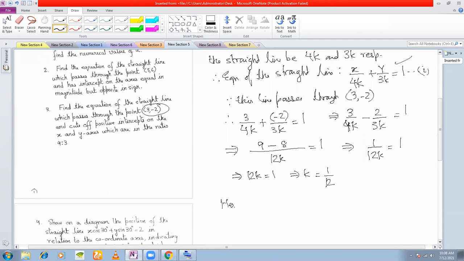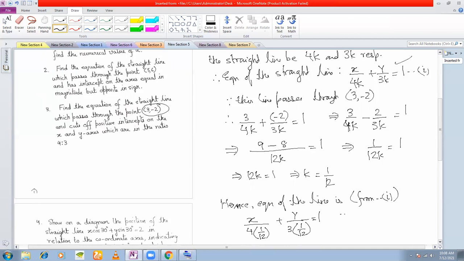Hence, the required equation of the line is, from 1, put the value here: x by 4 into 1 by 12 plus y by 3 into 1 by 12 is equal to 1.